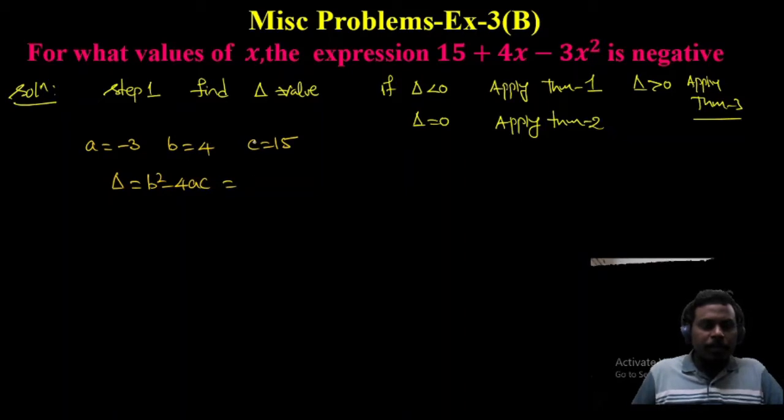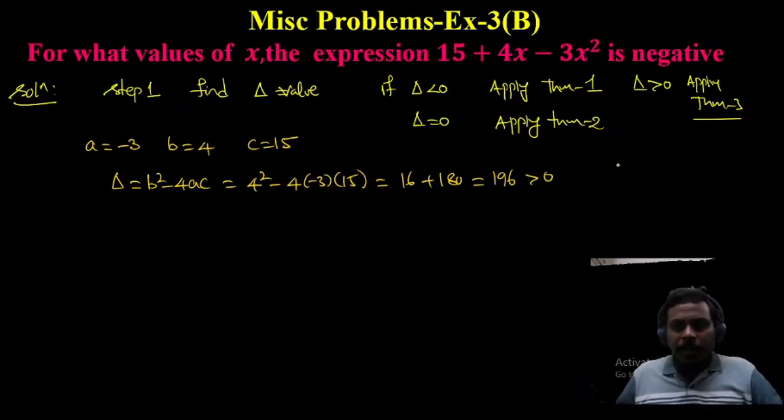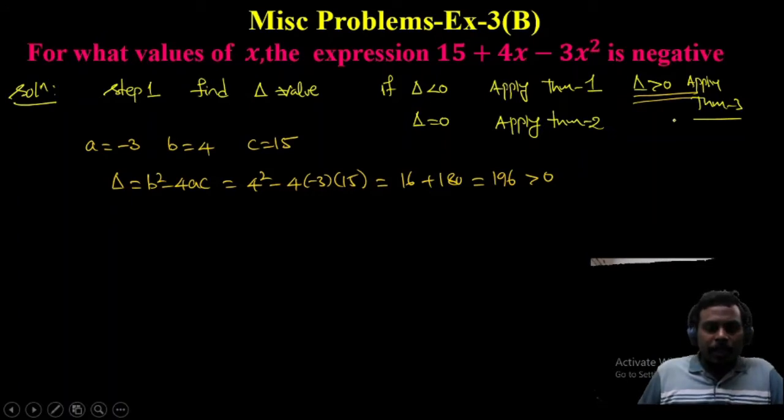What is b square minus 4ac here? 4 square minus 4 into a is minus 3 and c is 15, that is 16 plus 15 into 4 is 60, 60 into 3 is 180. So this value is 196. This is positive, so the discriminant is positive. That means we have to apply theorem 3 actually.